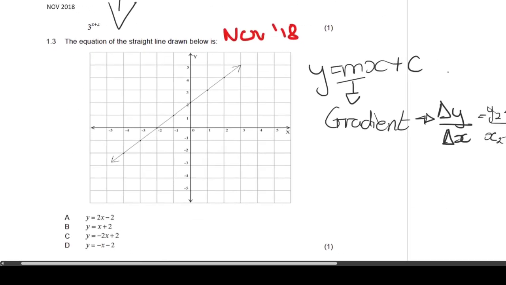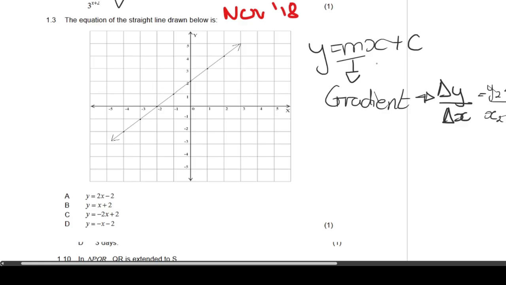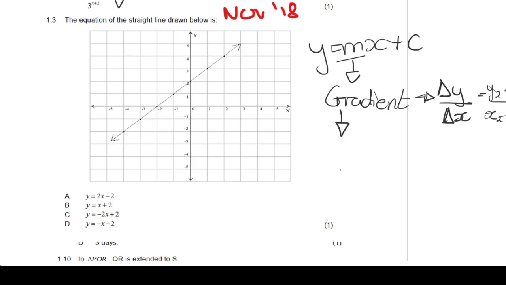All right. Gradient also determines the slope of the graph, right? Be it like this, be it like that, be it like this, or even that. These all have different gradients, and they are all worked out using this.